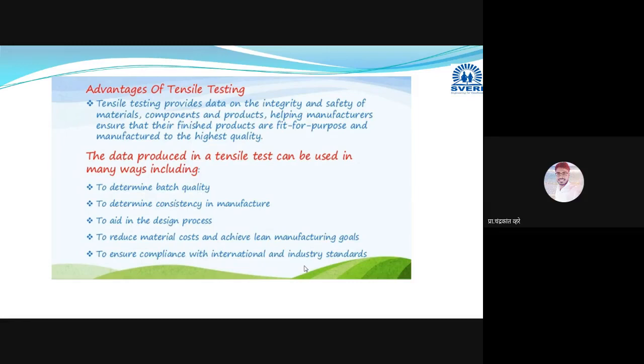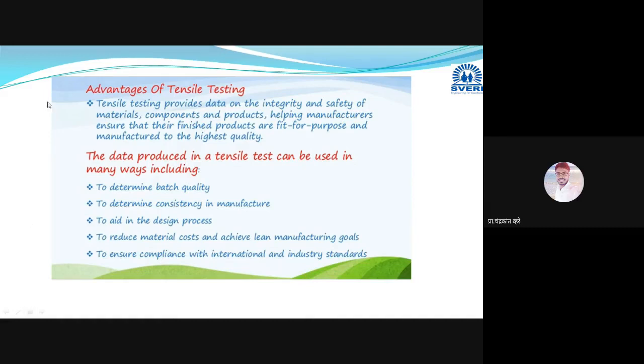So we have to design our product in such a way that it will take the load mentioned by the customer without any failure, and in the other way, the cost of our product should also be low. For that purpose we need to make a test, and whatever outputs we get from that testing, we need to check them for cost reduction purposes. So this data is required from the testing methods.